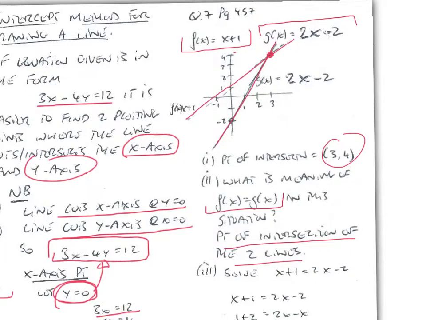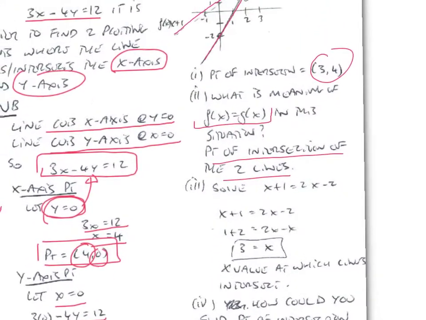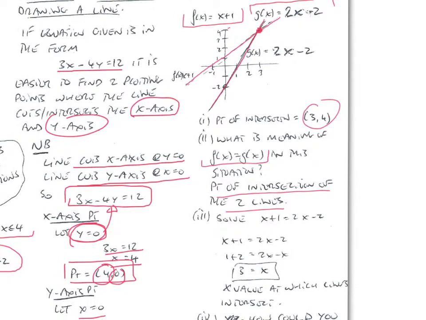Okay? And then we're asked to solve x plus 1 equals 2x minus 2. So we're asked to just equate one function to the other, basically. This is the f of x bit here, this is the g of x, and we're just equating them to each other. So x plus 1 equals 2x minus 2. So we'll keep our x's to this side. So when we go over our x, it's 2x minus x is equal to 1 plus 2. x is equal to 3.